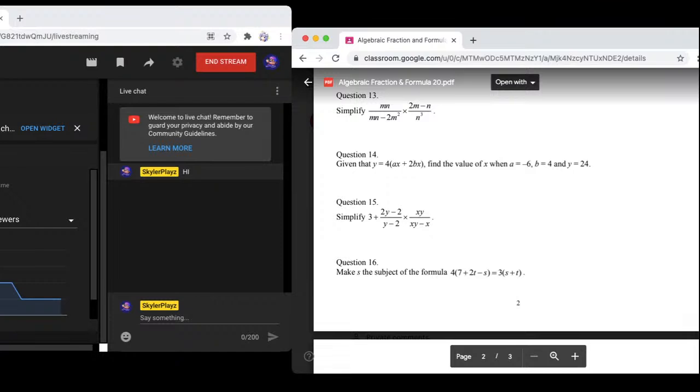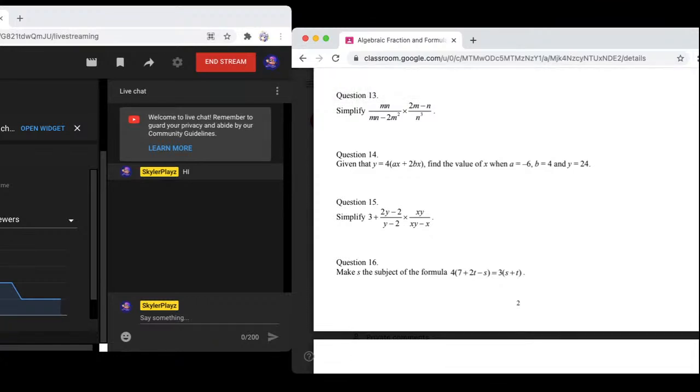Question 15. Simplify 3 plus 2y minus 2 divided by y minus 2 times xy minus x.